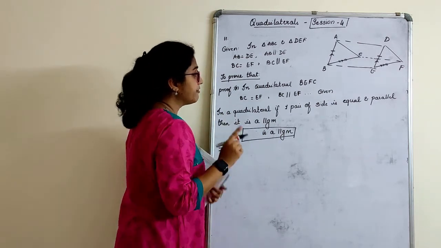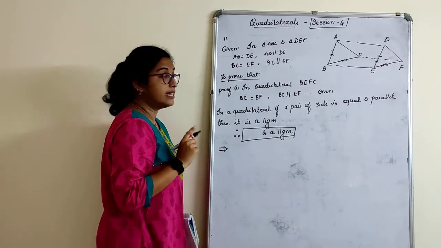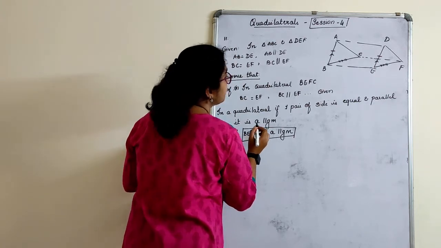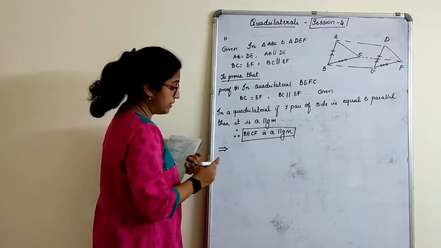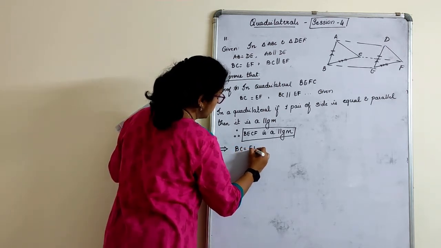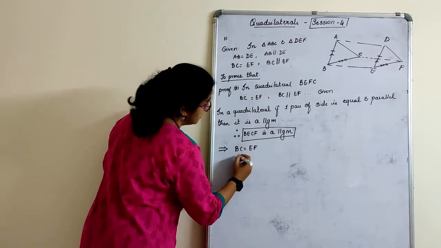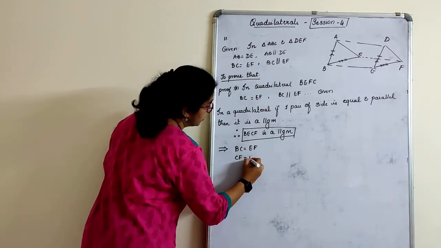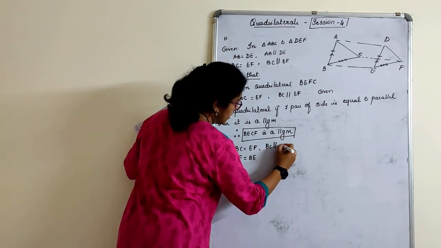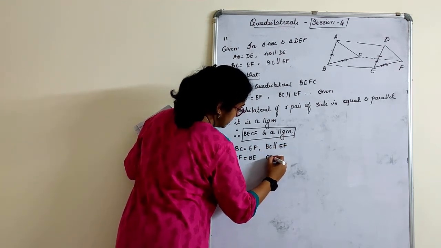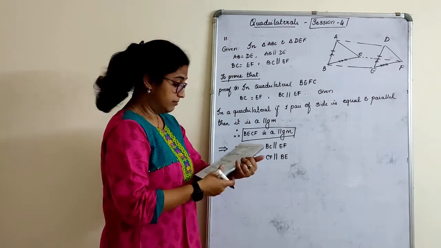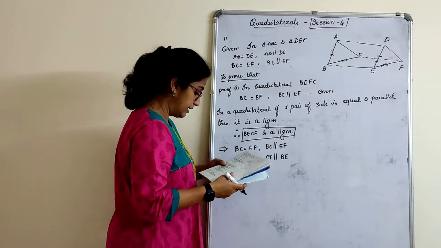In a quadrilateral, if one pair of sides is equal and parallel, then it is a parallelogram. Therefore, BEFC is a parallelogram. This implies whatever we have written first, BC is equal to EF and CF is equal to BE. Also, BC is parallel to EF and CF is parallel to BE. So the second part is also done.